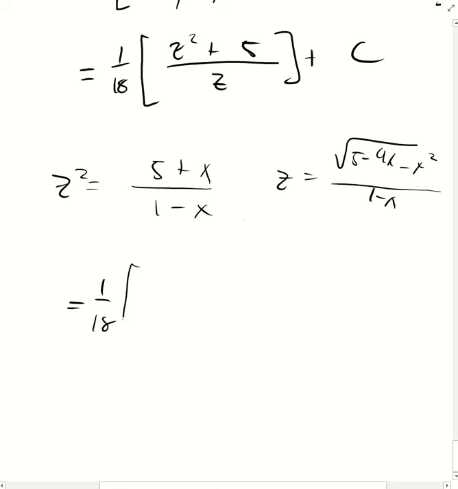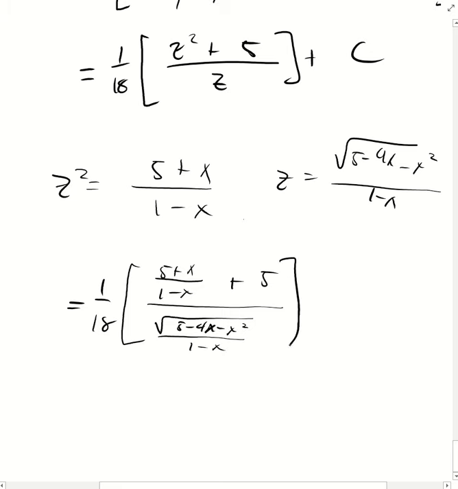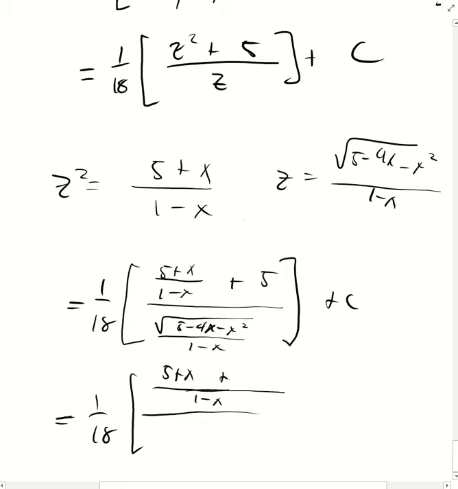1 over 18 z squared, 5 plus x over 1 minus x, then plus 5 all over z, which is the square root of 5 minus 4x minus x squared all over 1 minus x, plus c. Then we can simplify further the numerator, common 1 minus x, then 5 plus x, then plus 1 times 5, so 5, and negative x times 5, so minus 5x.